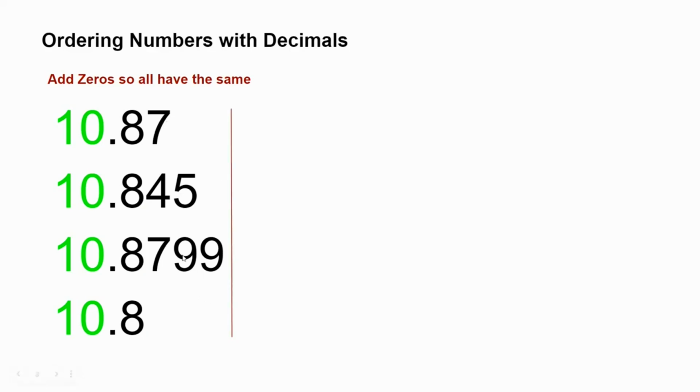I put a line here that indicates we are going to go out to 4 in each case. I add 2 zeros to the first number, 1 to the second number. We don't have to add any to the third number. And we add 3 to the fourth number. Now they look more consistent, and it makes it easier to compare them.